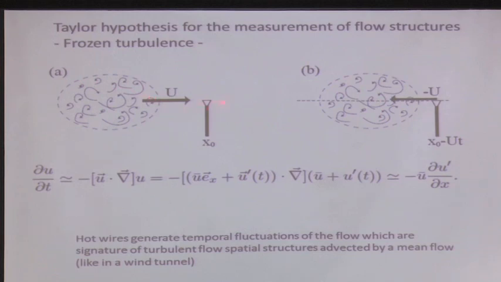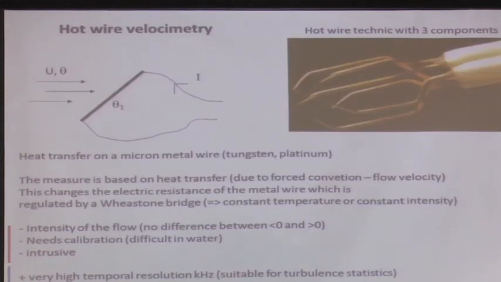To get the information, you have to remember that the fluid velocity you measure is the fluid velocity at the position of your probe, of course. And for this technique to be efficient, you have to use it in a flow where there is a mean stream. Because I told you that you are unable to discriminate the direction.